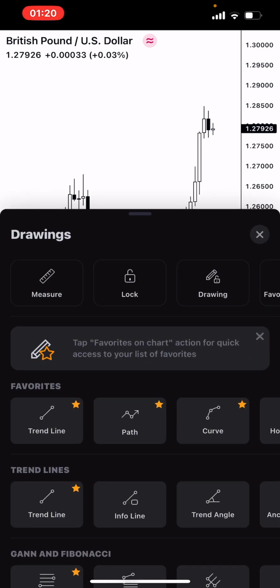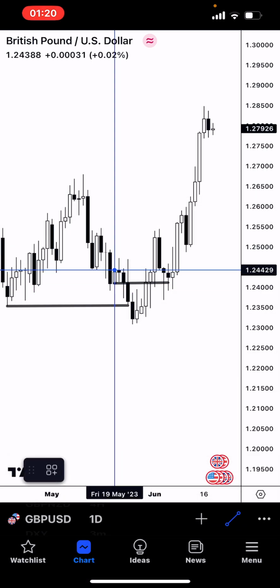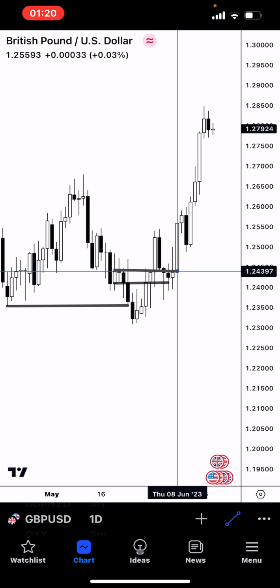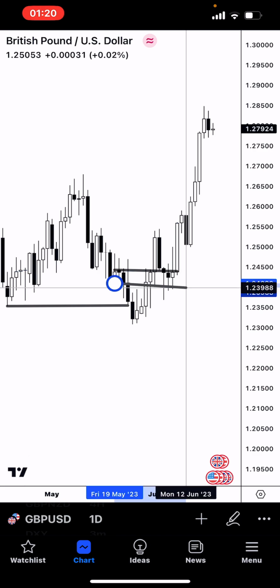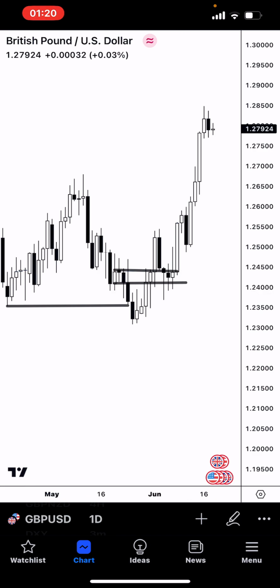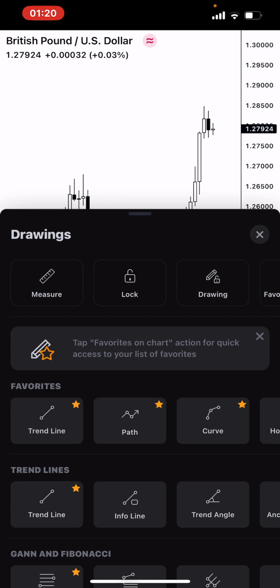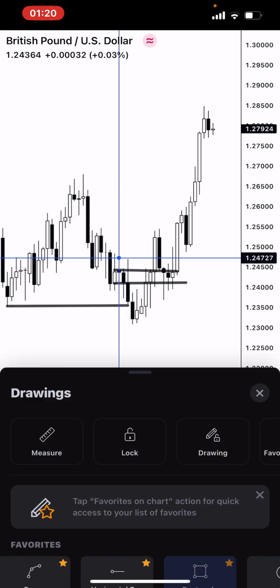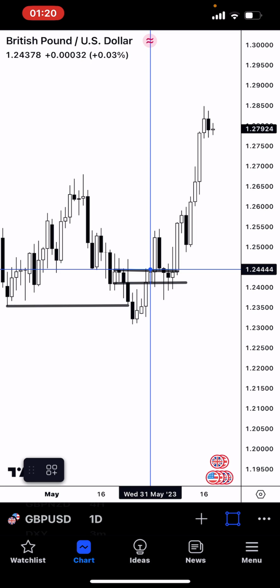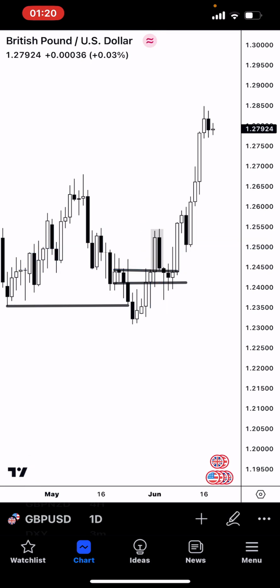It refused to stop there and then decided to go even higher and break above that candlestick. So as you see this big movement, that's your break of structure.